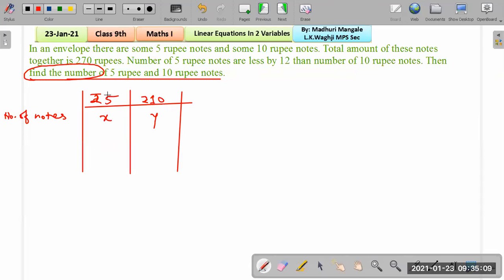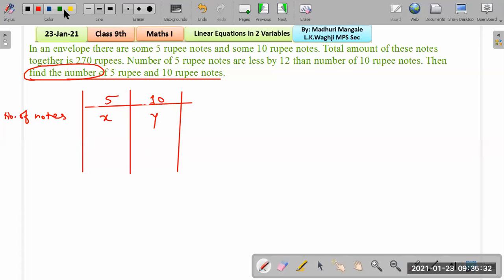Okay, so 5 rupee x notes and 10 rupee y notes.